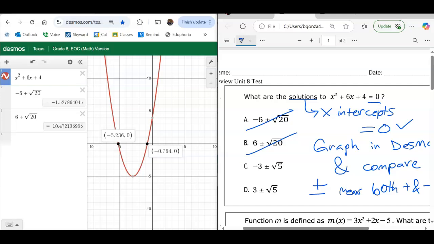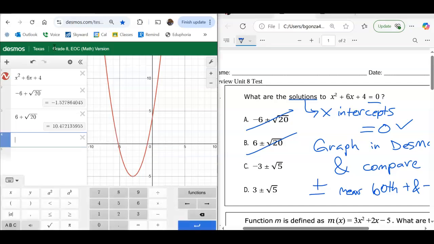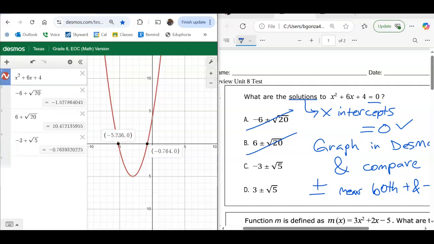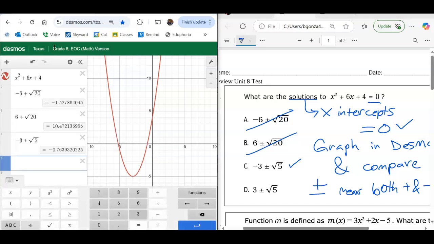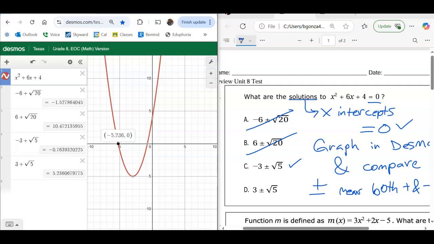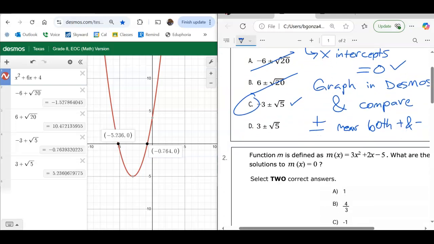All right, and then answer C, negative 3 plus square root of 5, negative 0.76. Hey, that one looks like that one. I like C so far. Let's try the last one real quick. 5.23 is not one of these because that has a negative and this is a positive. So our answer is going to be C. Cool.